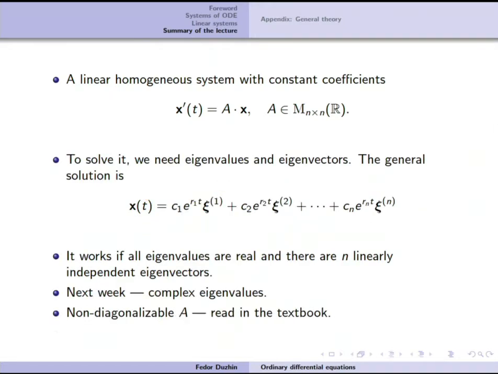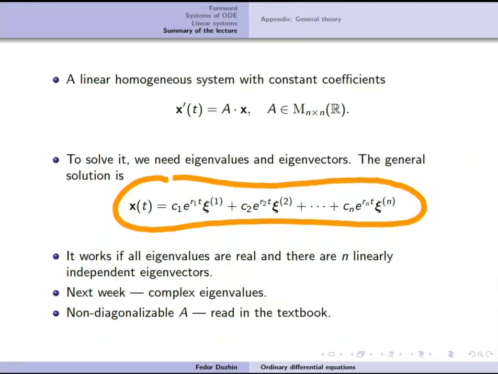It is also possible that this formula has fewer than n terms. So if A is a non-diagonalizable matrix, then there are fewer than n eigenvectors, and then it's a bit trickier, and I'm not going to cover it in class, but you can read it in the textbook.